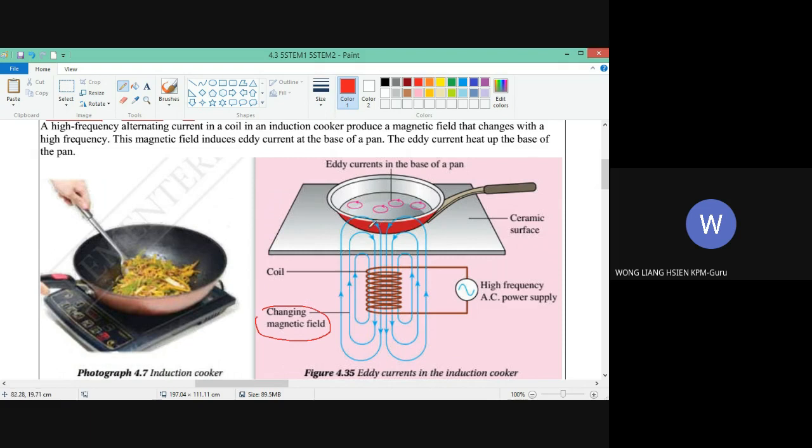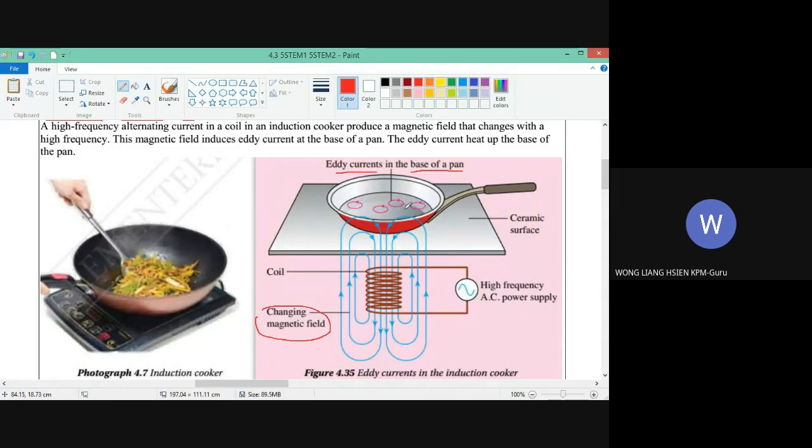The base of your pan or pot or wok is exposed to the changing magnetic field, and eddy current is produced in your pan.